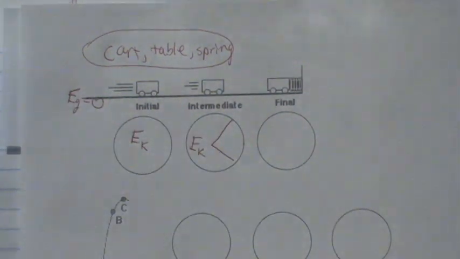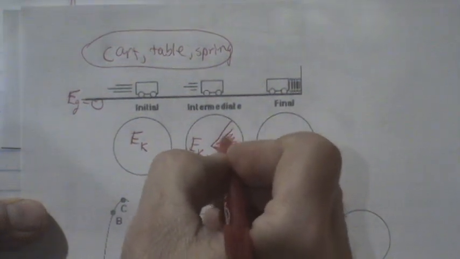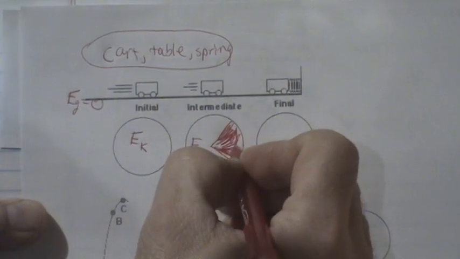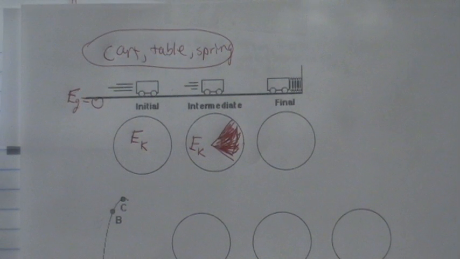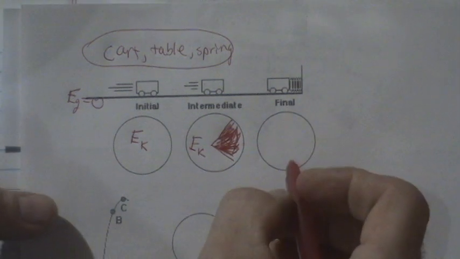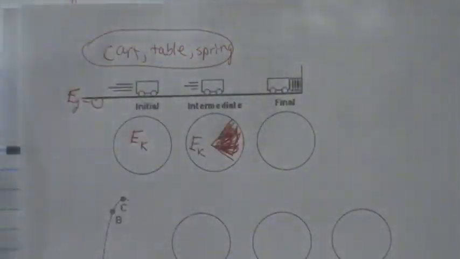The question is, what happened to the rest of it? And if there is really no other place that this energy could have gone or should have gone, right? Sometimes the energy that is hardest to track is thermal energy. And there really is nowhere else this energy could have gone, so it has gone to thermal energy. At the end, when it is stopped, it is not moving, so there's no kinetic energy at all.